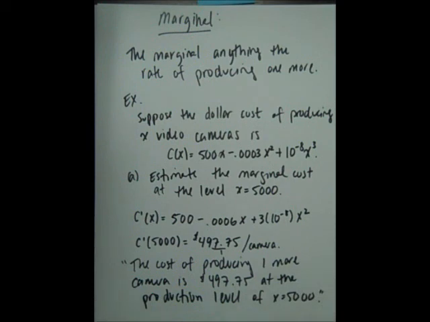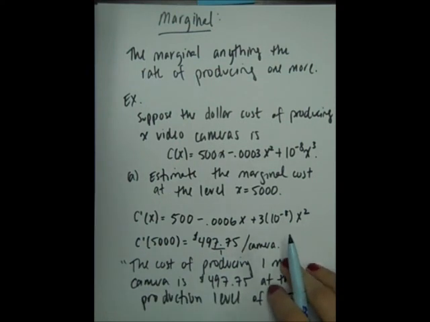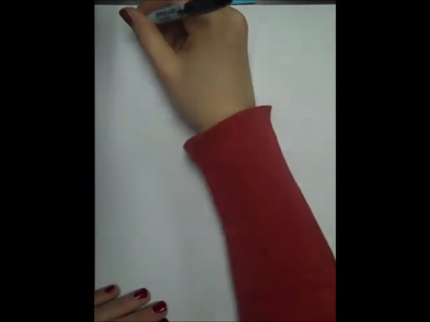So when we're producing 5,000 cameras, the cost of producing one more is a little less than 500. Now the cost of producing one more is not always going to be a little less than 500. It depends on what production level you're at. But at this level, we can expect the cost of producing one more to be $497.75.